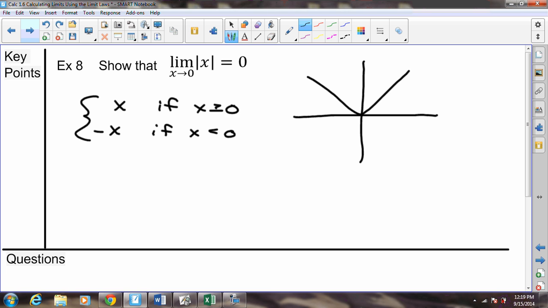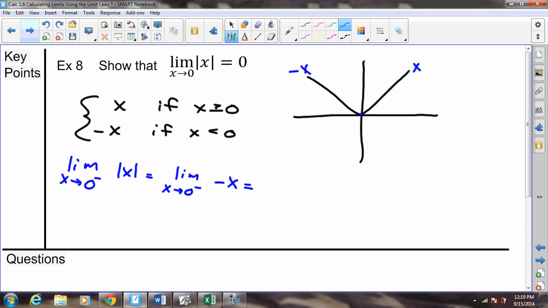This is the graph of x. That's the graph of negative x. And they come together to form a sharp corner right at the origin. So when you come from the left, we could note the limit as x approaches 0 from the left of the absolute value of x is the limit as x approaches 0 from the left of negative x.